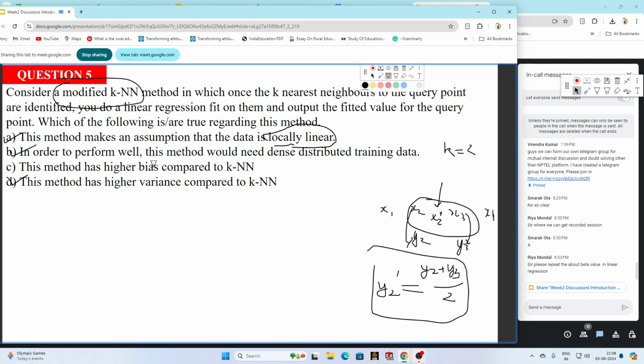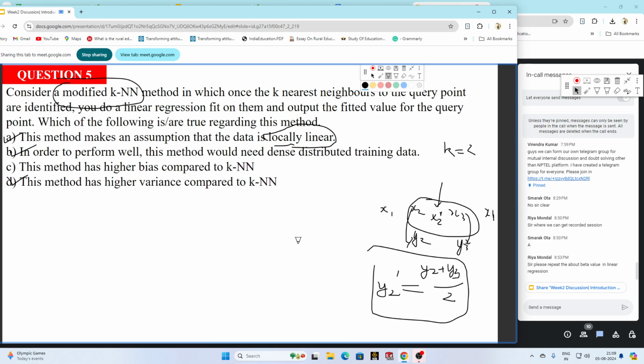Option C, this method has higher bias compared to KNN, and option D, this method has higher variance compared to KNN. If we compare with KNN, modified KNN is more complex, and in the previous class I discussed this graph: the more complex the model is, the bias becomes less but variance increases.